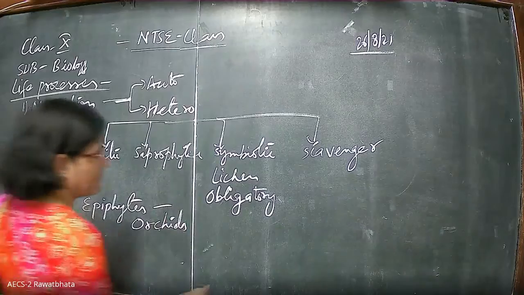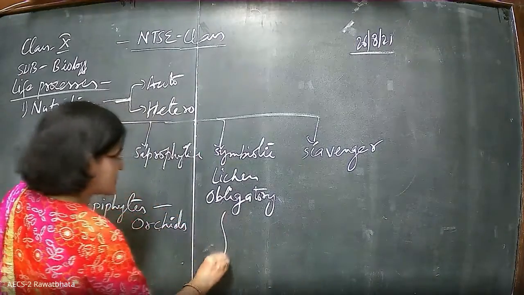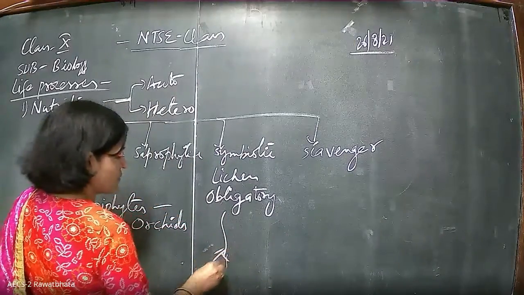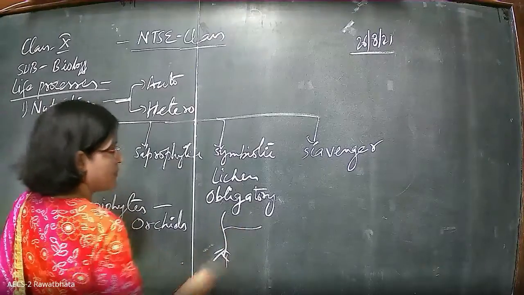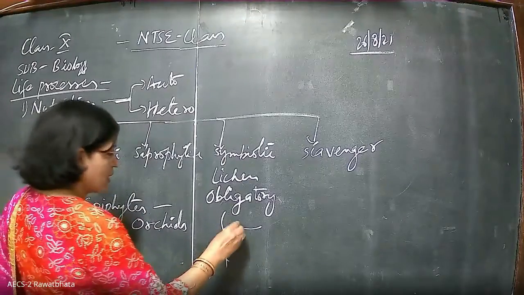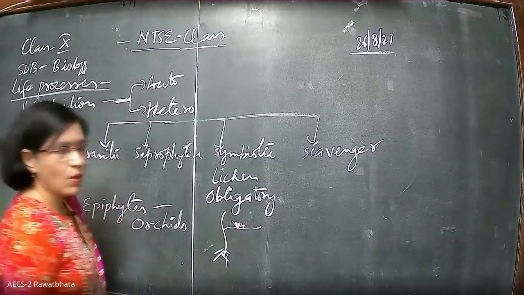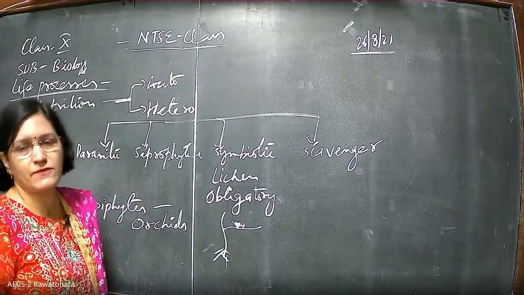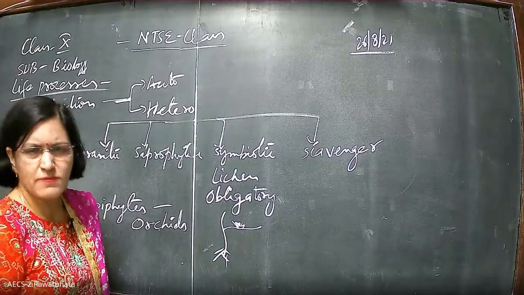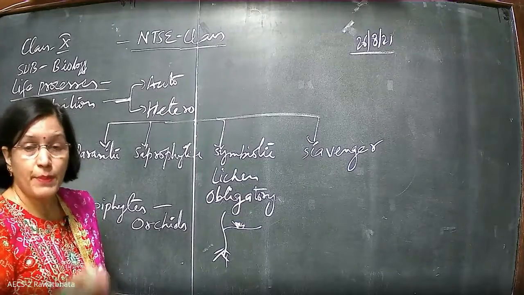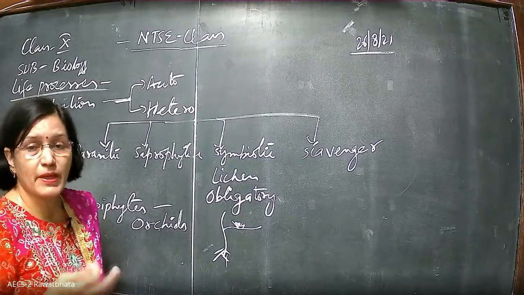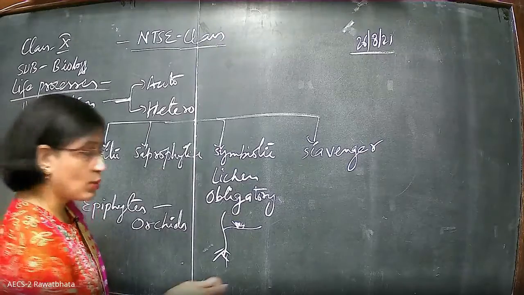For example, if it happens in dense forest, in a tree which is growing, and on its branches, these small plants, green leaves, you can say a cluster of green leaves, it appears as though it is a big bunch of grass, and it grows on the branches.